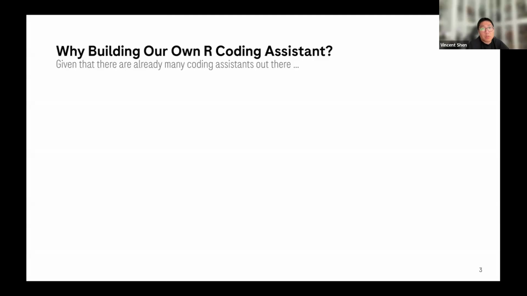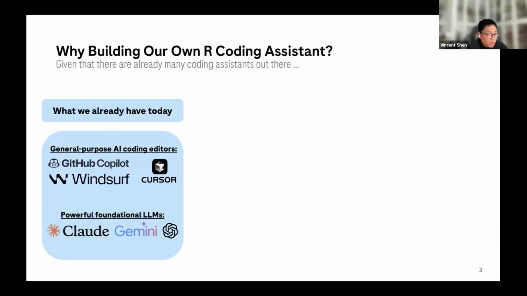So why do we want to build our own R coding assistant? As many of you know, on the market we have already got a lot of coding assistants, and probably too many. But we have some very cool and very powerful general purpose AI coding editors. Just to name a few, I think the top players are Cursor, Copilot, Windsurf, and those tools.